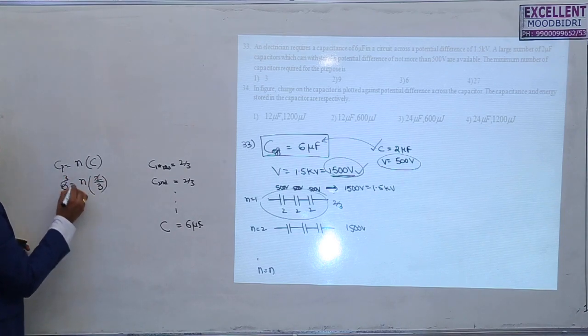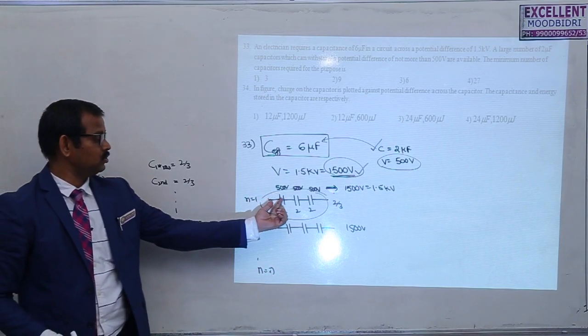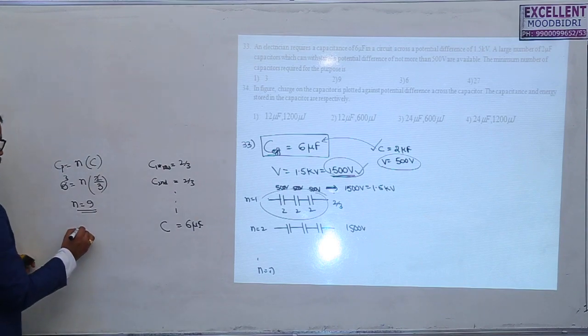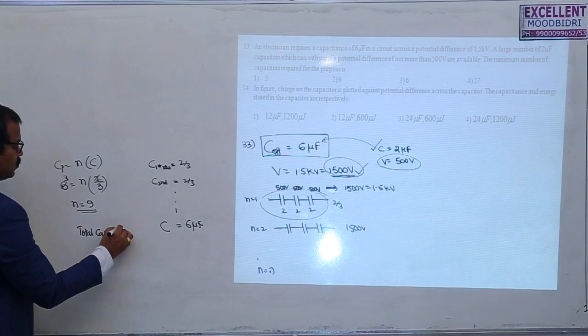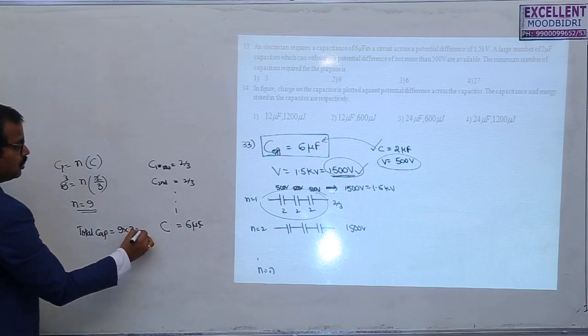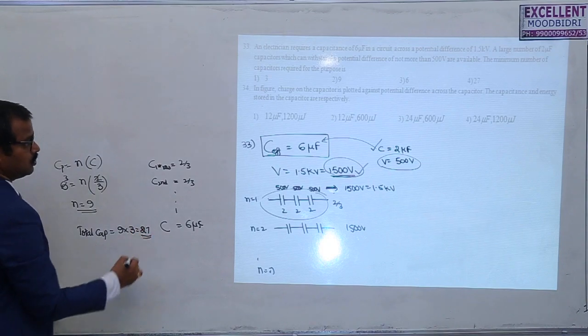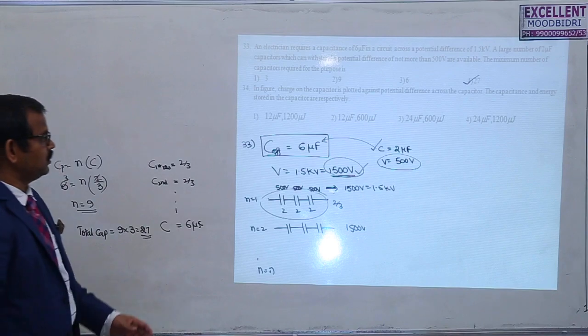So now 2 ones are 2 and 3 threes are 9, N is equal to 9 here. So I need to arrange 9 rows and in each row we have 3 capacitors. So total capacitors is equal to 9 rows and in each row 3 capacitors. The answer is 27 here. So option 4 is correct. Next.